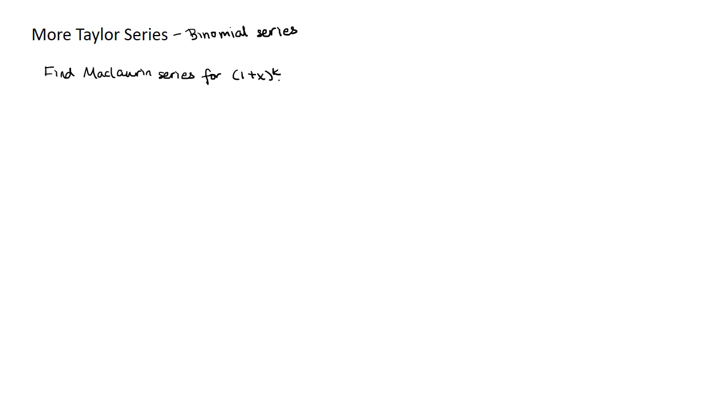Okay, now we're going to look at finding the Maclaurin series for the function (1 + x)^k, where we're going to be thinking about k as any real number.